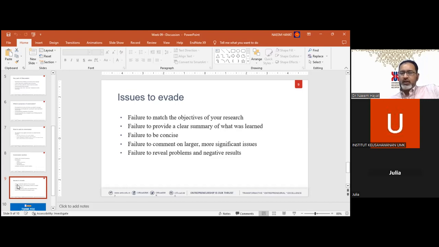We must not fail to match our research objective with the research finding. We must have a precise summary of the finding and the learning. We must be concise. We must talk about a macro level, broader issue, not micro level issues.